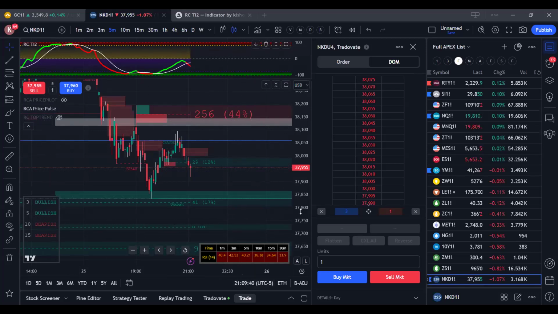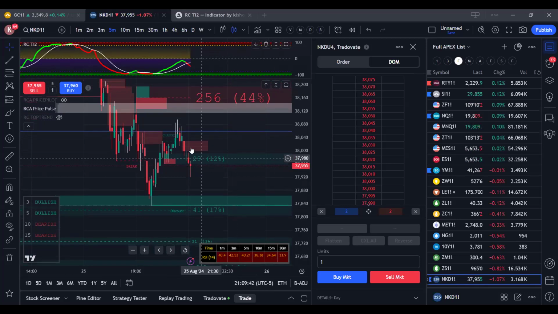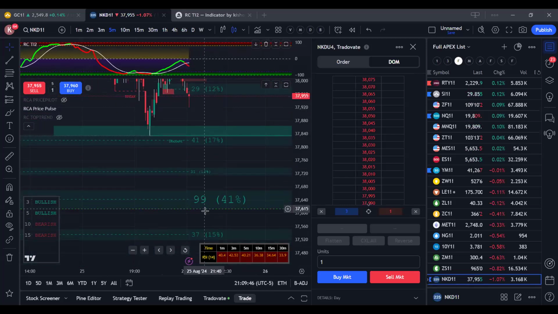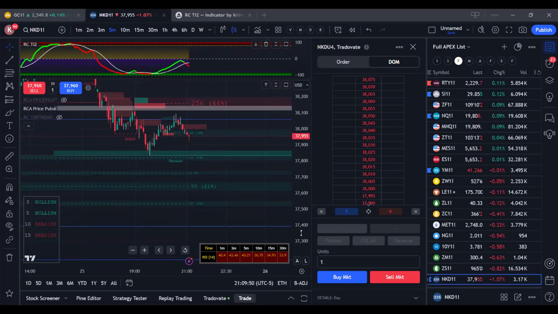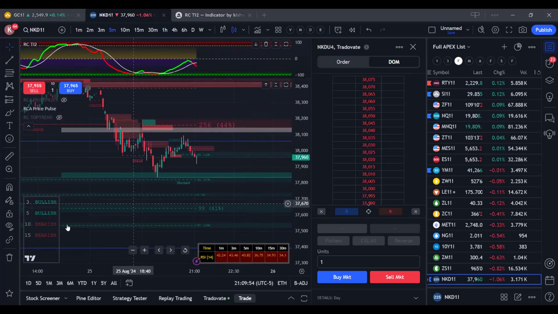So maybe you can wait for some more time. It may come all the way back to discount or it may go all the way. Yeah, because 3-5 are still bullish, we can wait or we can avoid it.